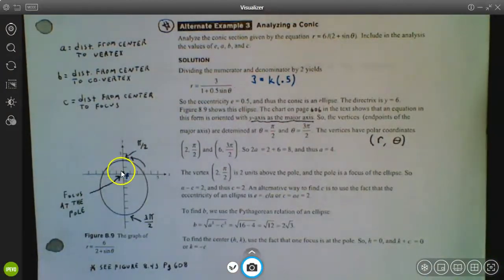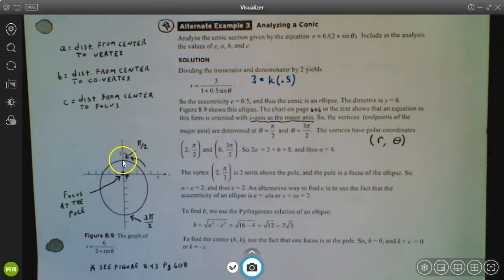If that is my focus, and this is an ellipse with a vertical focal axis, then this vertex, the highest point, is going to be up here at pi over 2. Think of your circle for a minute.